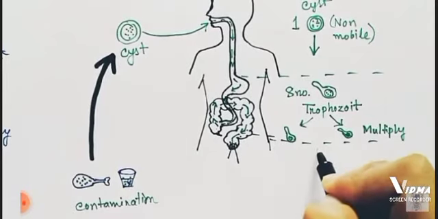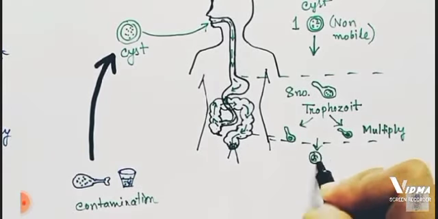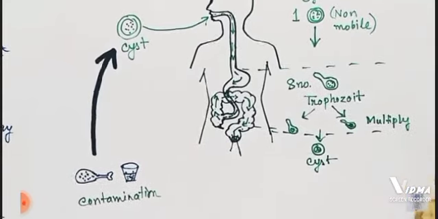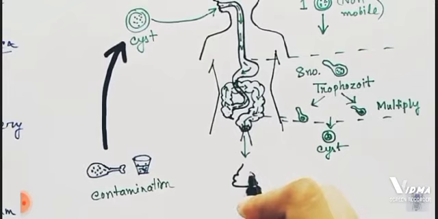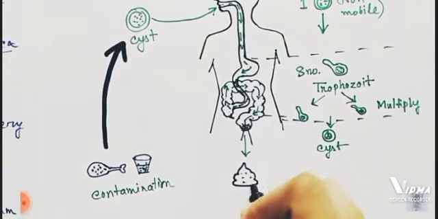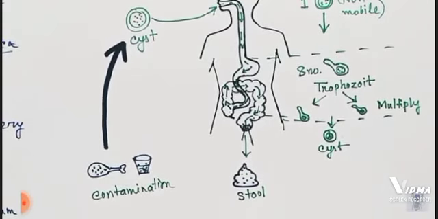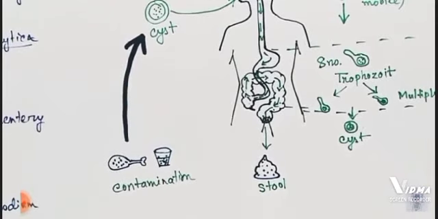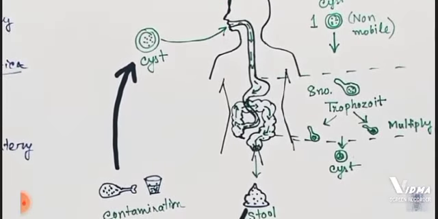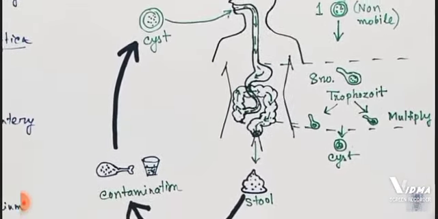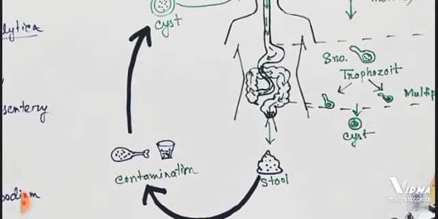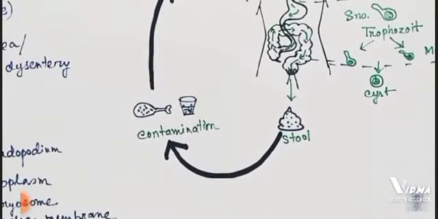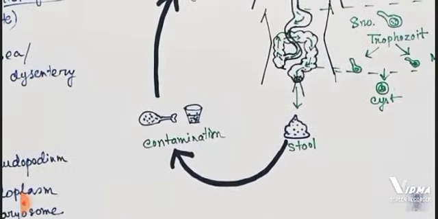And the cysts go out of the body with the feces or the stool. The stool of the infected human contains lots of cysts of Entamoeba histolytica, and it again contaminates food or drinks, and the cycle goes on. Thus, it can infect another human being.